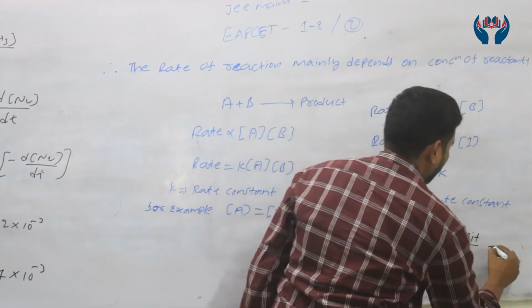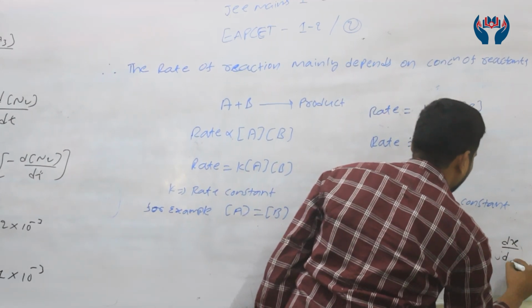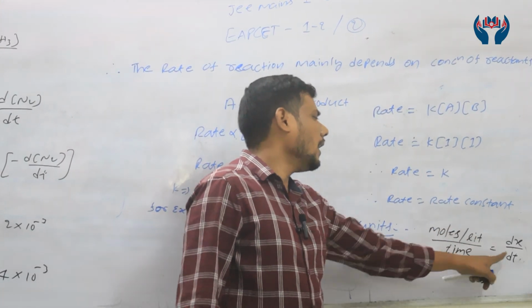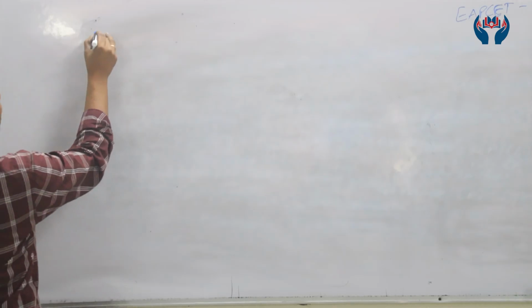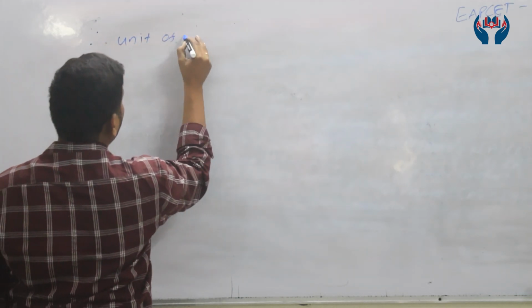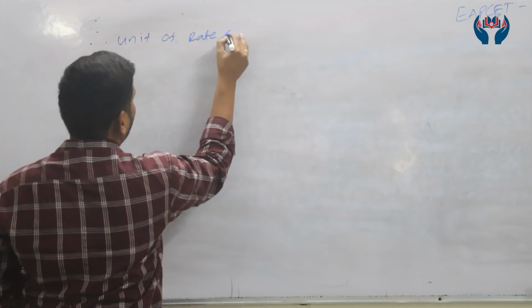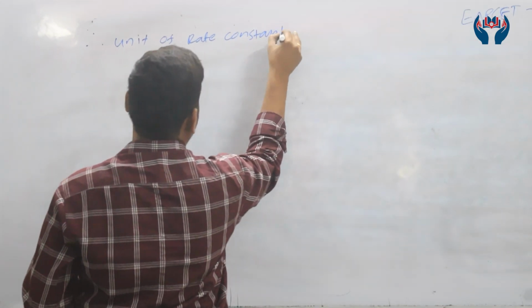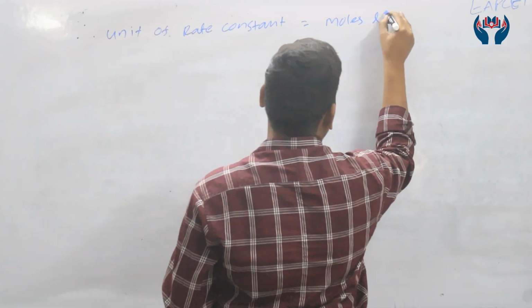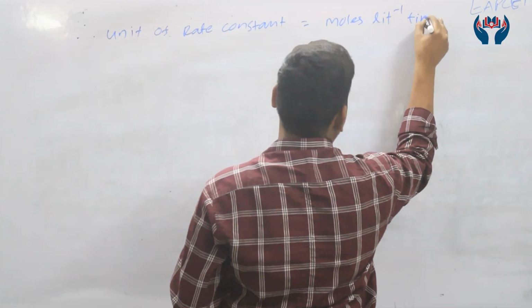That means what is dx by dt? dx means the concentration of reactant in moles per liter, and the time taken. Therefore, the units of rate constant equal moles per liter and per time.